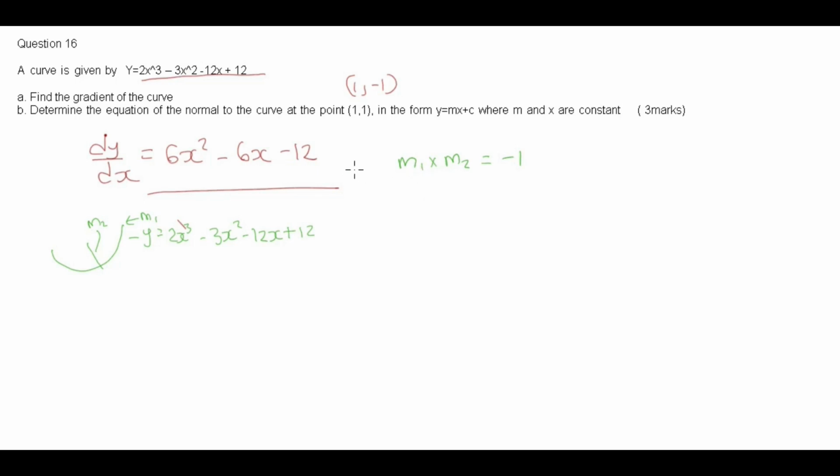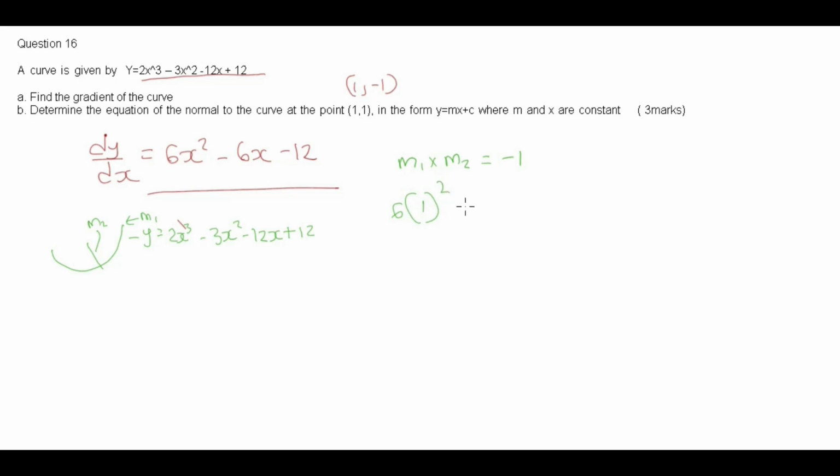The gradient of the curve at a point x is 6x squared minus 6x minus 12, so you substitute 1 wherever there is x, at the point 1, negative 1.